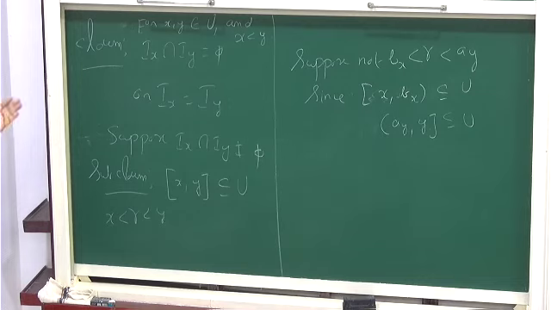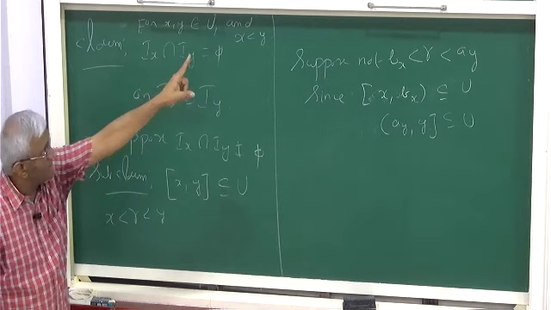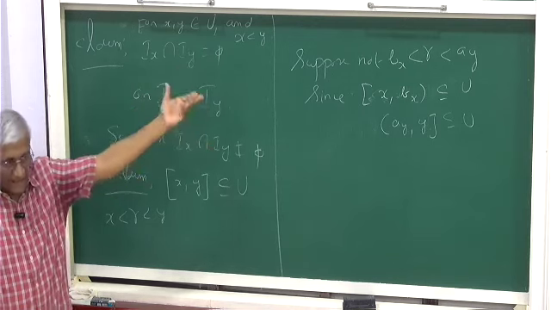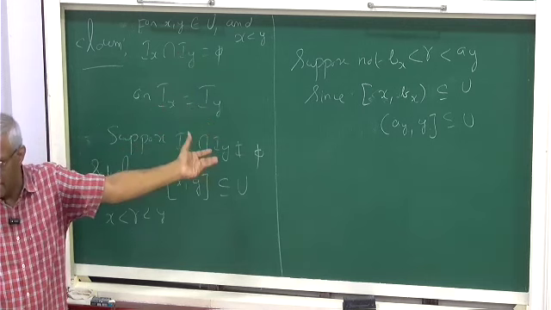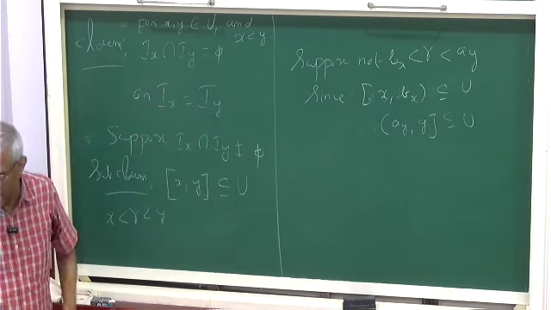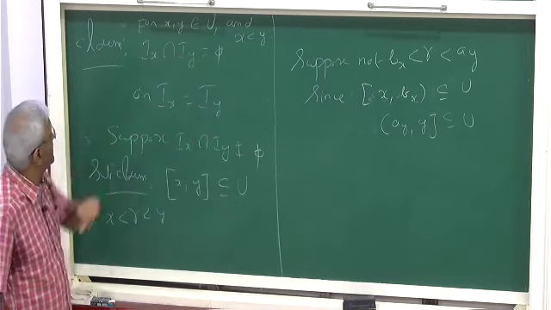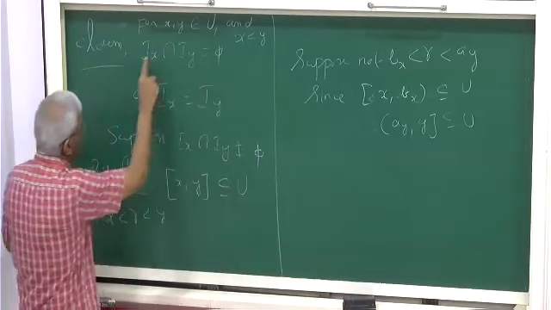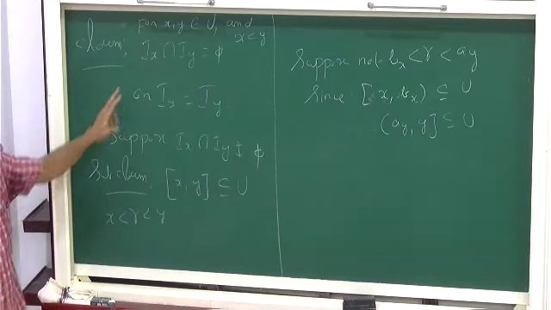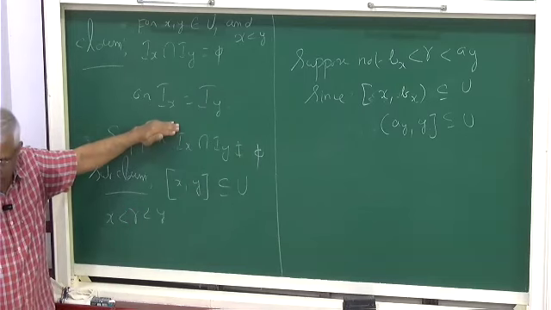So for y, there is a_y and b_y. I_x is the interval a_x, b_x. The claim is that I_x and I_y have an intersection that is either empty or they are the same. That is the claim. Either the intersection is empty or they are equal.